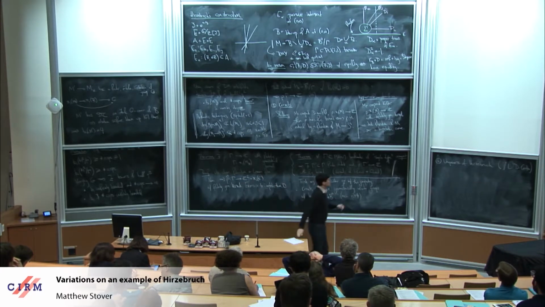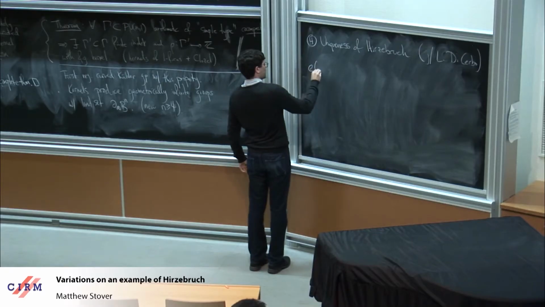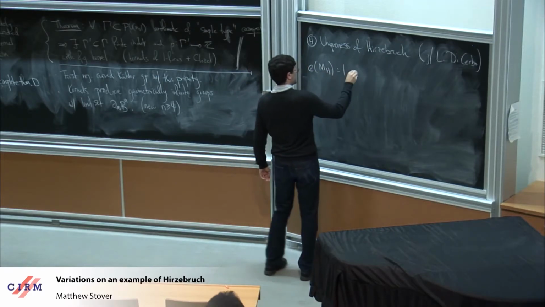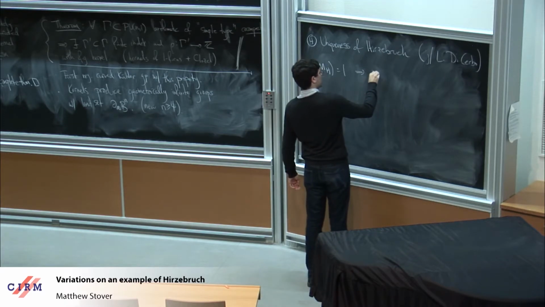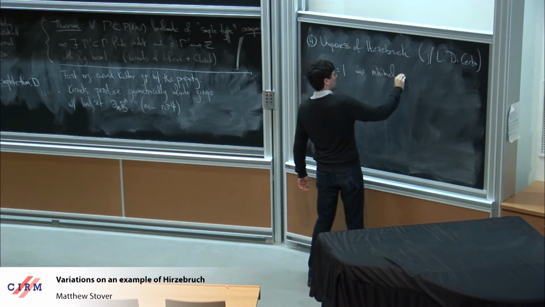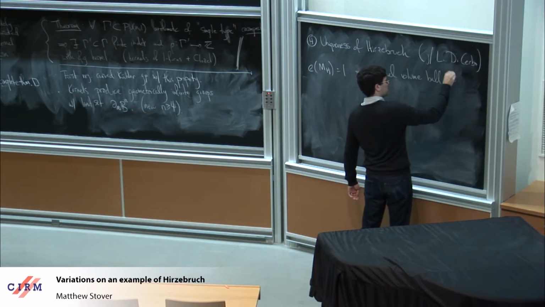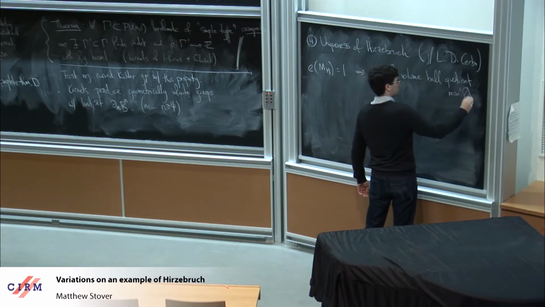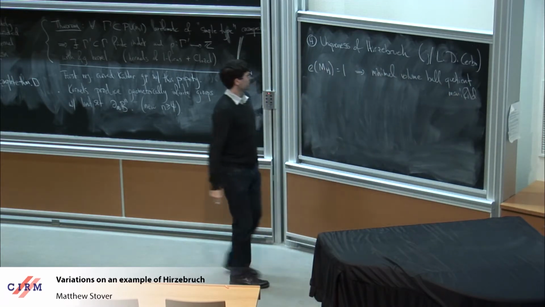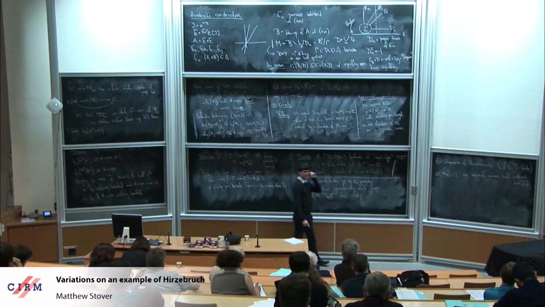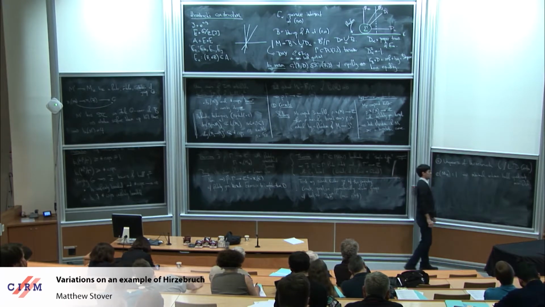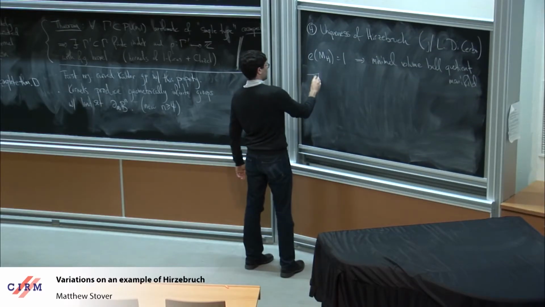So we had that the Euler number of this Hirzebruch example is 1, which implies that it's a minimal volume ball quotient manifold. And this is just by proportionality. The volume is proportional to the Euler characteristic, and the Euler characteristic is an integer. So there you go.